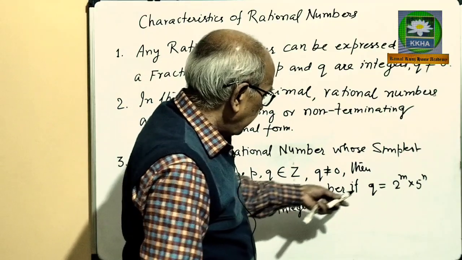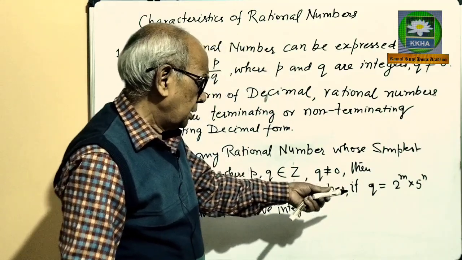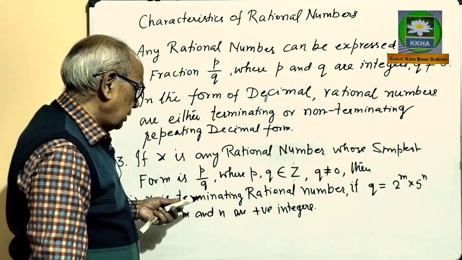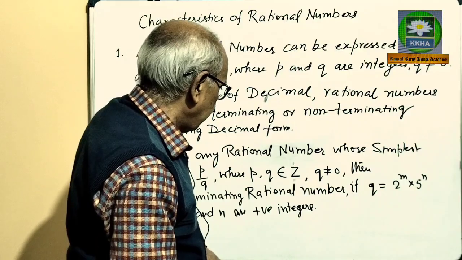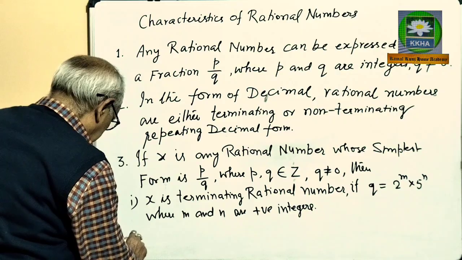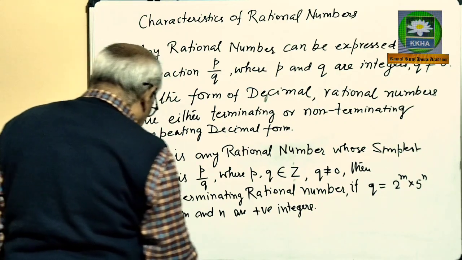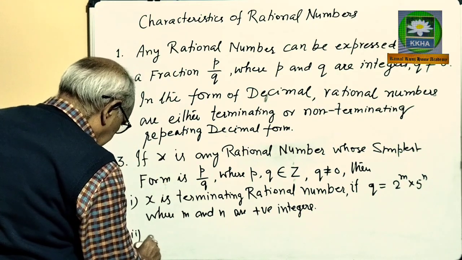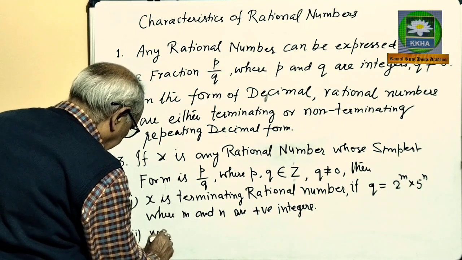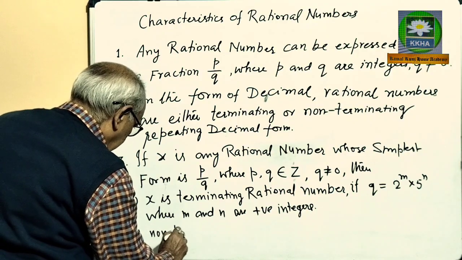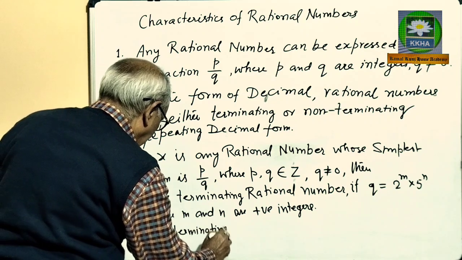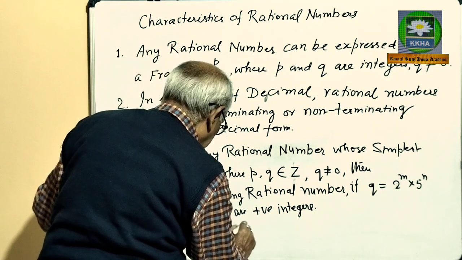That is, if the prime factors of Q, the denominator, are 2 and 5 only, then that rational number will be terminating in decimal form. Otherwise, it will be non-terminating but repeating.